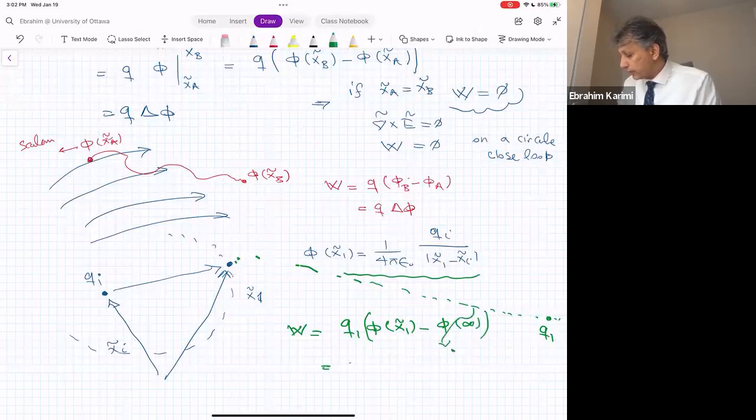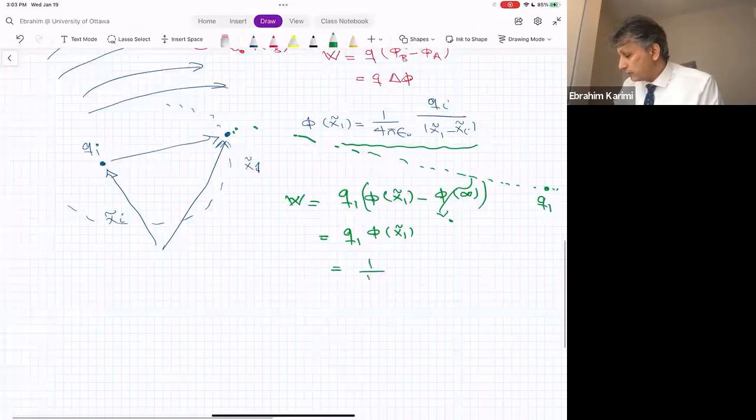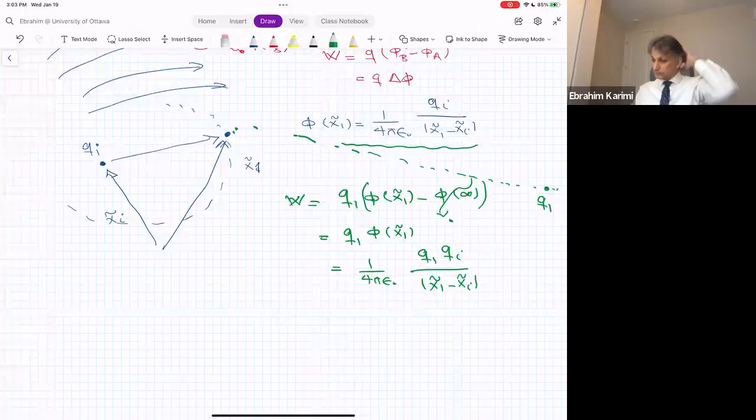Then the work is given by Q1 times phi of x1, which is 1 divided by 4 pi epsilon 0 times Q1 Qi divided by the magnitude of x1 minus xi. Agreed?